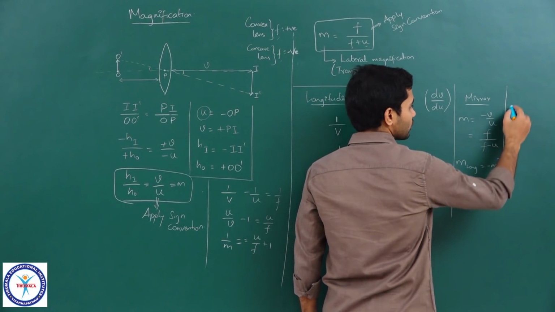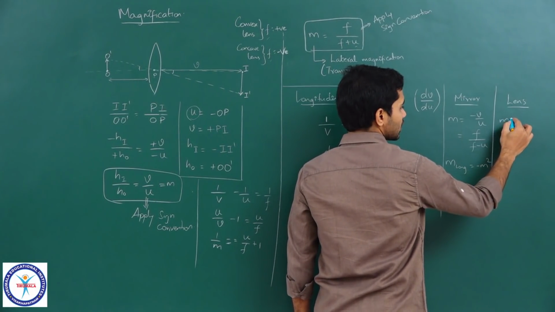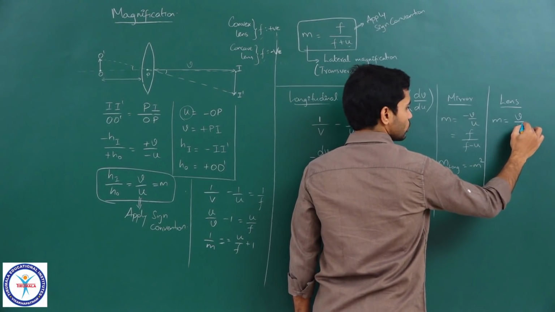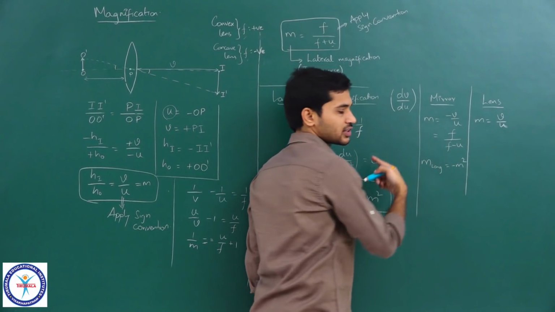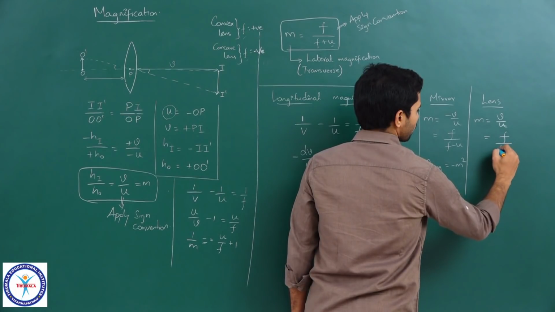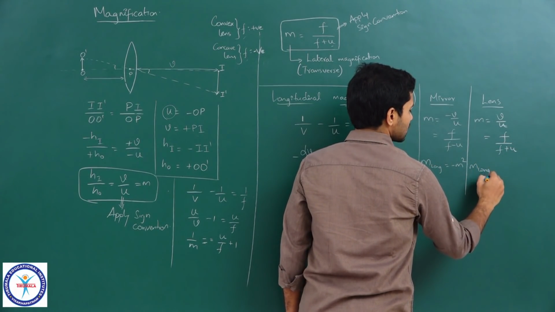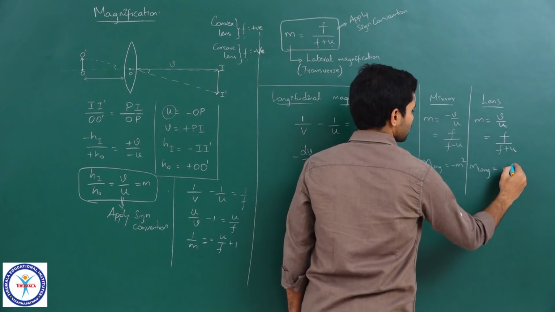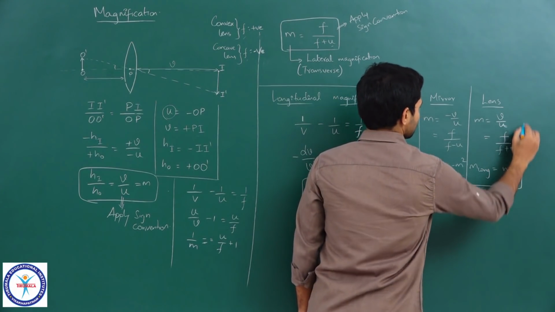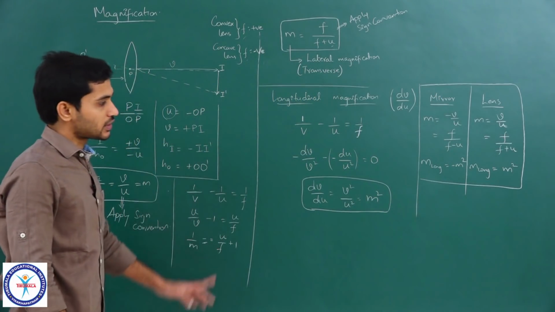Now, similarly, for a lens, the magnification value is v by u, which we have just derived, and this can also be written as f by f plus u, and longitudinal magnification in the case of lens is m square. This is the summary of what we have just discussed.